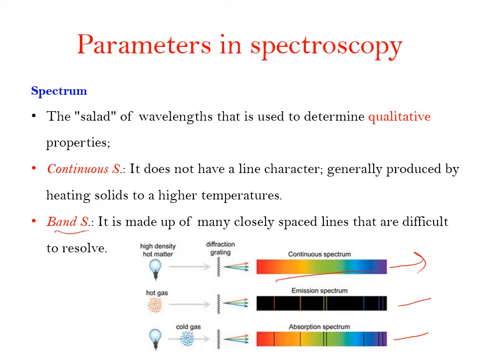As an example, the visible light is part of a spectrum from around 380 nanometers to around 780 nanometers. So if we are able to measure a specific wavelength of light, or if we have a specific wavelength of light, that means we are measuring a band spectrum.